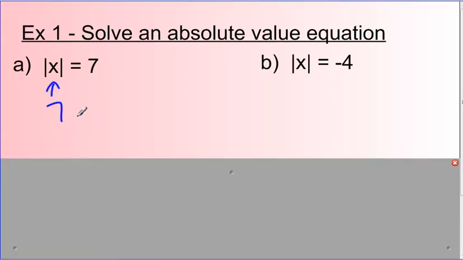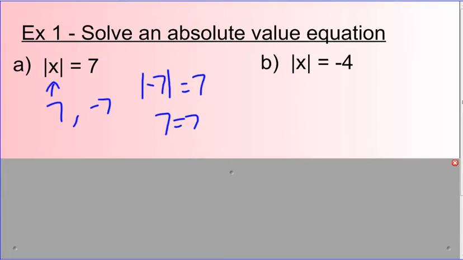But I could also plug in a negative 7. Remember those definitions? One of them says make the number positive. Well, the absolute value of negative 7, if I evaluate it, turns out to be positive 7, which is true. So this absolute value equation actually has two answers. If I plugged in a positive 7, that would equal 7. If I plugged in a negative 7, this would equal 7.